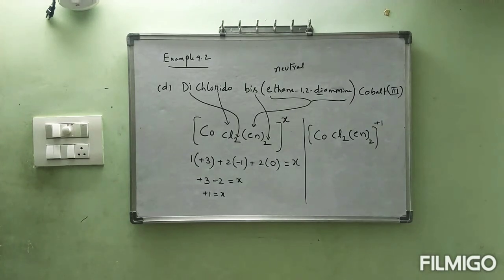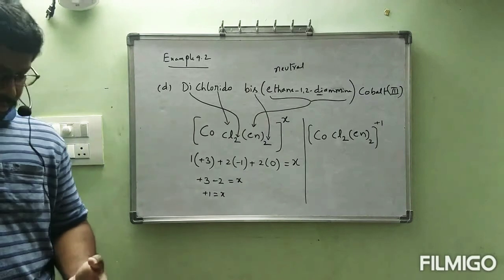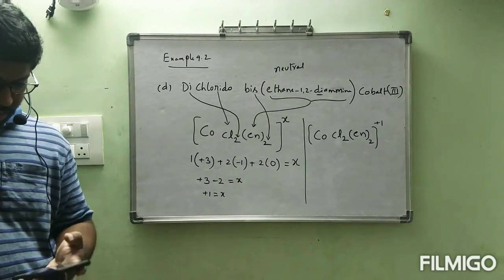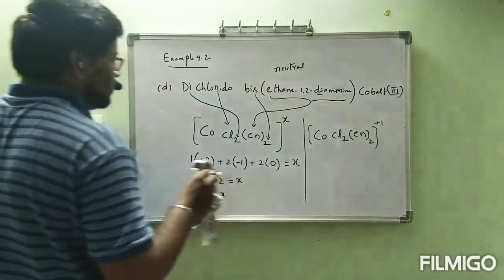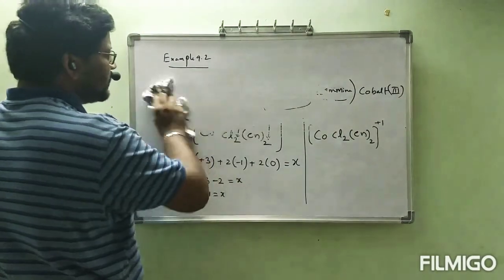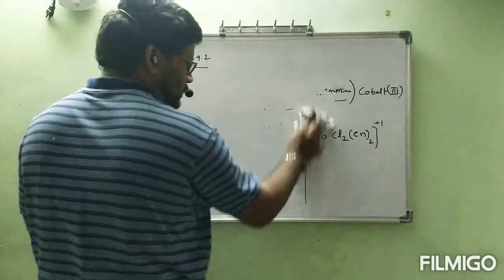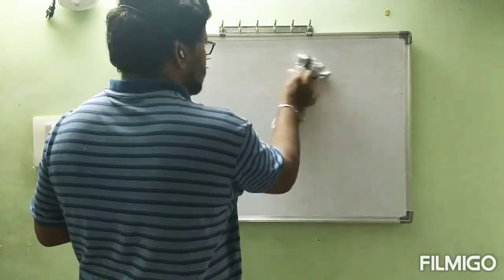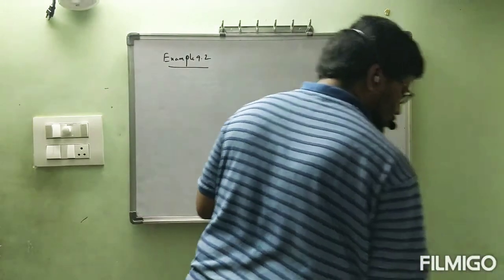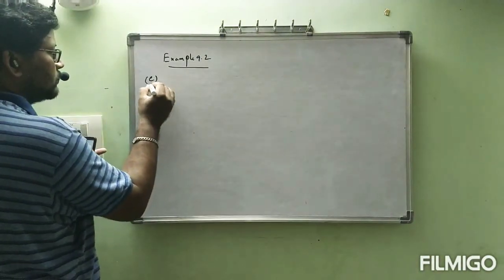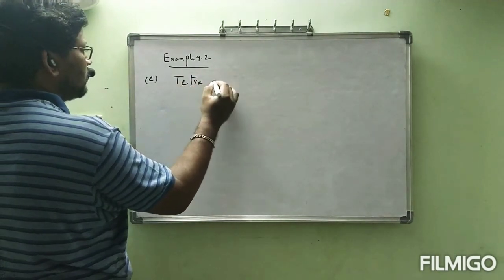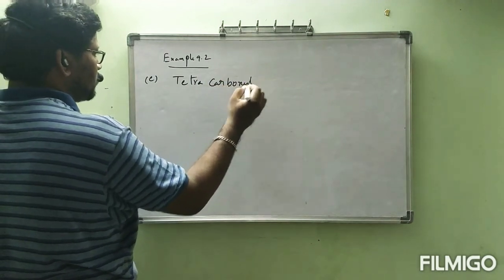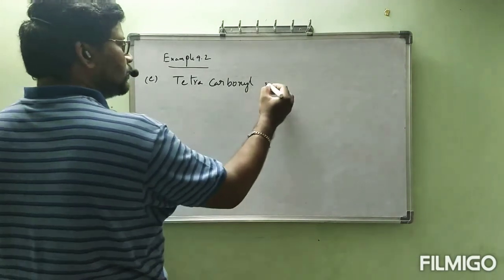Okay, all of you, let us start with the next example. That is in example 9.2 only, that is E. Tetracarbonylnickel(0).